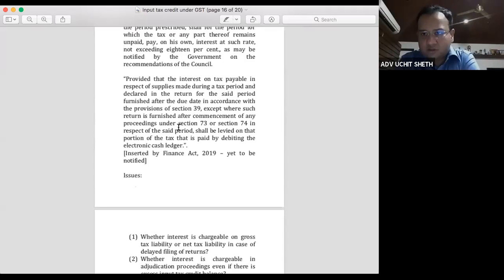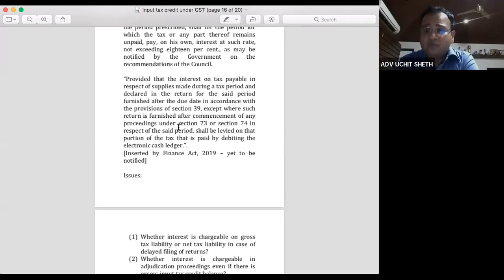We don't know when all this will happen, but if it is introduced retrospectively, then probably the issue will come to an end. If we have input tax credit with us and we pay only part of our tax liability in the electronic cash ledger, and the GST Council amendment comes through, then it will be the end of the matter.